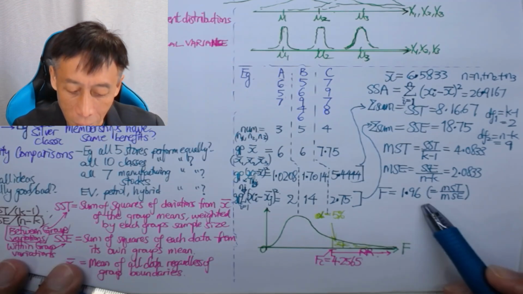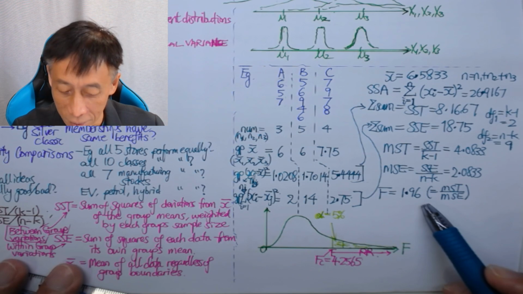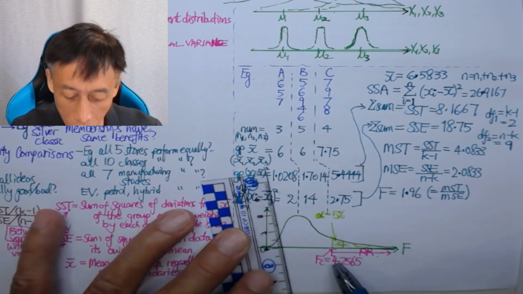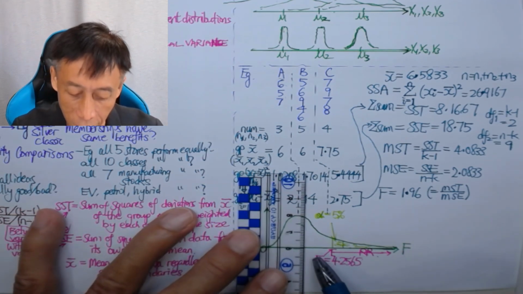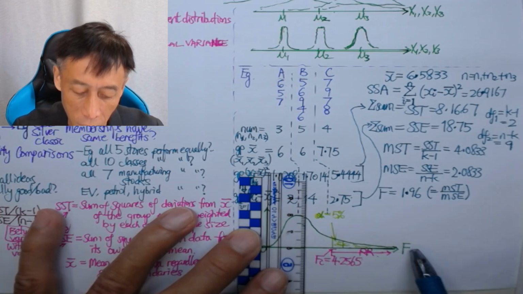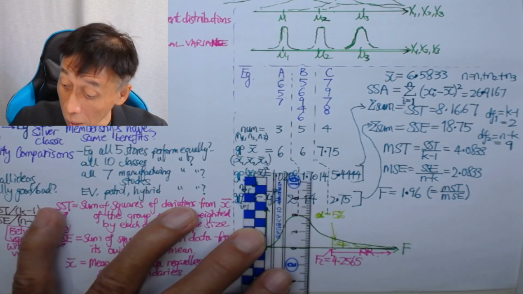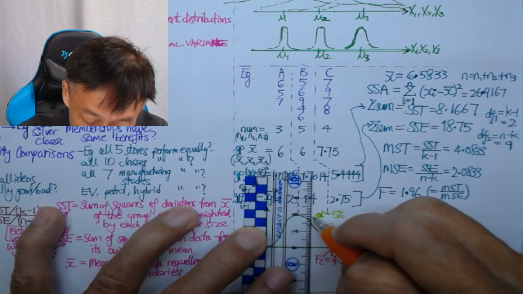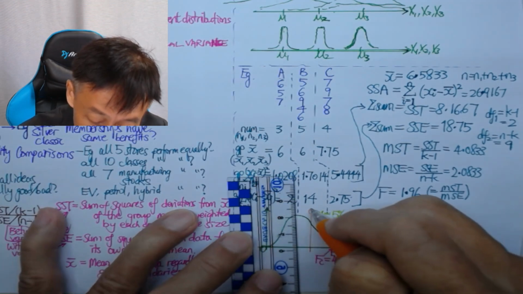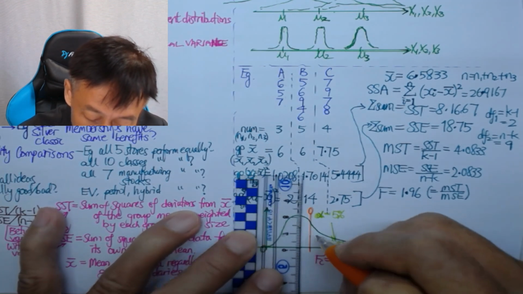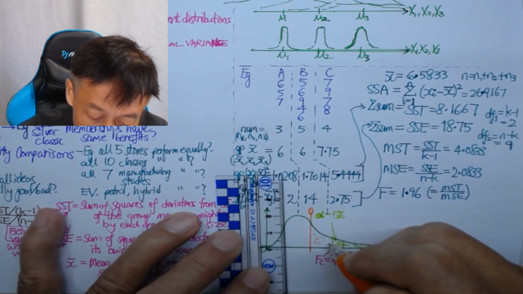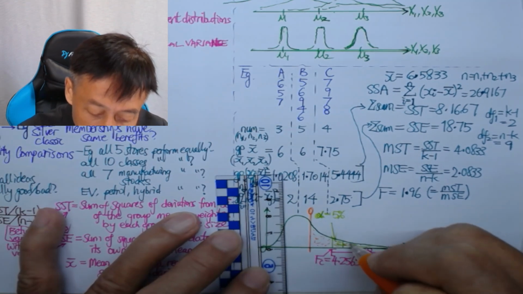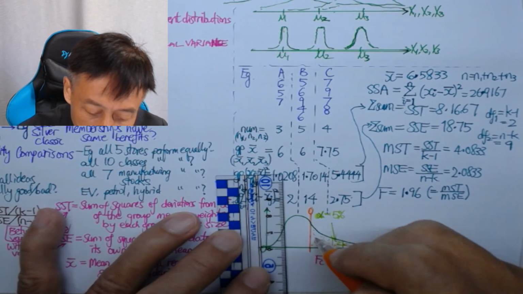Now let's look at 1.96. Where is 1.96? It is like here, inside. If 4 is here and infinity is to the right, then the Google pin should be dropped right here, meaning our p-value should be larger than 5%. So what is our p-value?